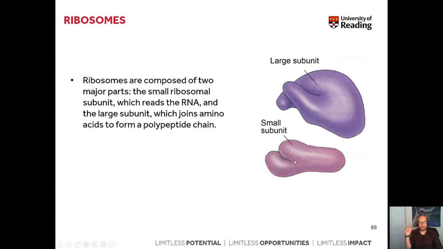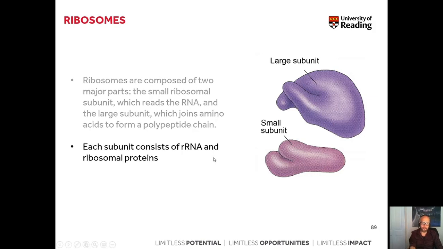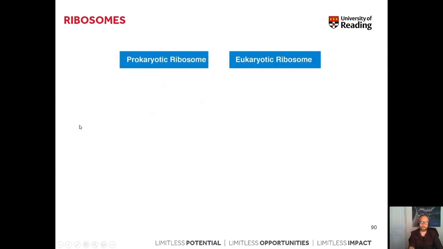The small ribosomal subunit reads the RNA. And we also have the large subunit, and the job of this subunit is joining amino acids together to form a growing polypeptide chain. Each of those subunits consists of ribosomal RNA and also ribosomal protein.